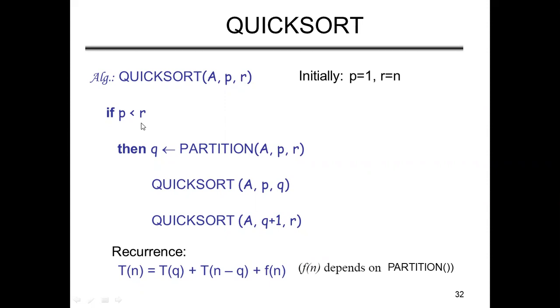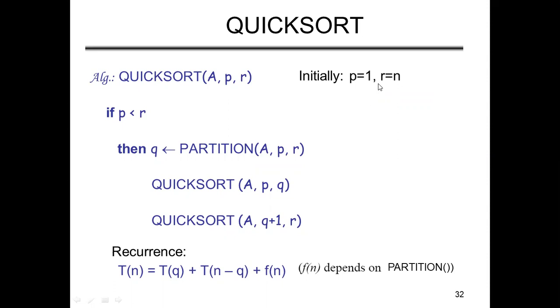If P is less than R, then Q = partition(A, P, R). That means we are applying the partition algorithm on the array A with lower bound P and upper bound R. The lower bound starts from 1 and goes to N, an array containing N elements.